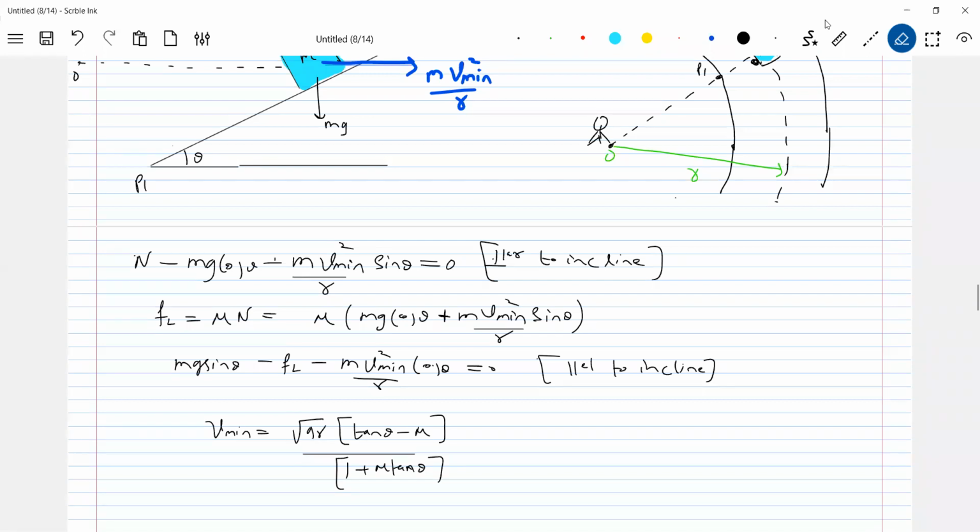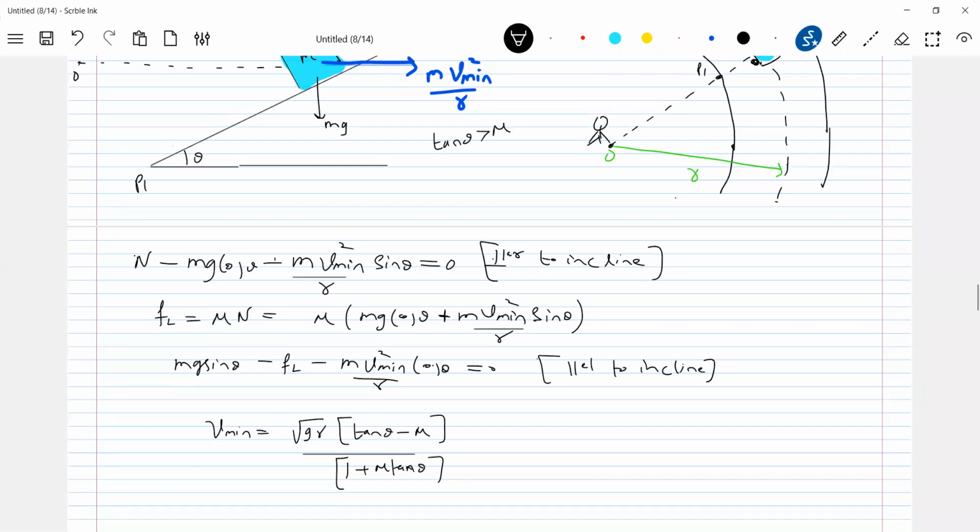M will get eliminated. Velocity should be root gr. This will give V minimum. Here I'm putting a condition, tan theta greater than mu.